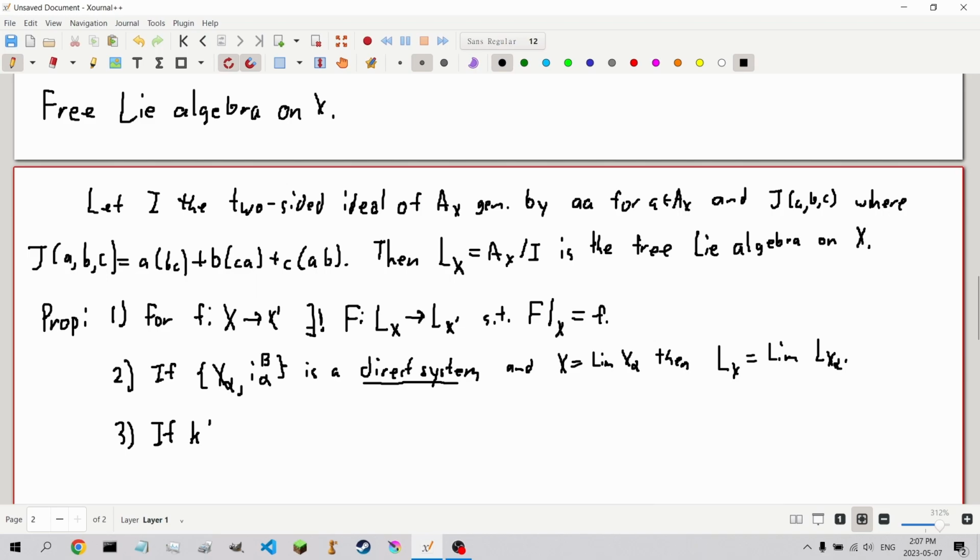If the ring K prime extends the ring K, then the change of base ring of our free Lie algebra is what you would expect, with the K tensor of our original LX with K prime.